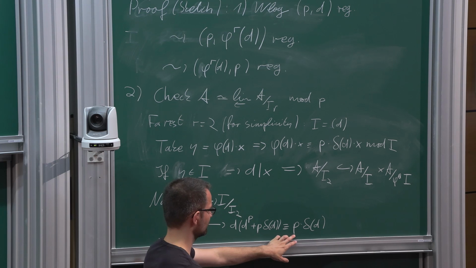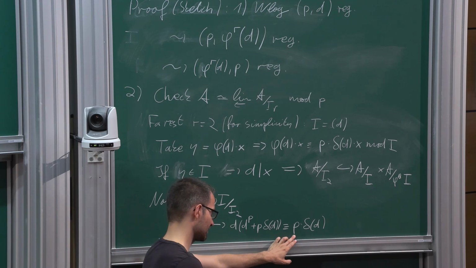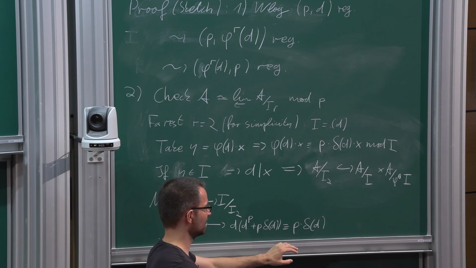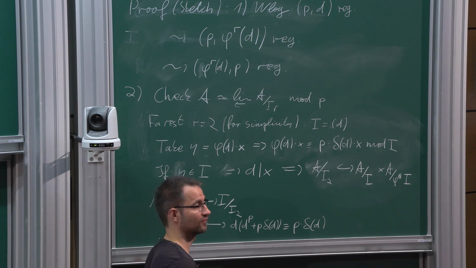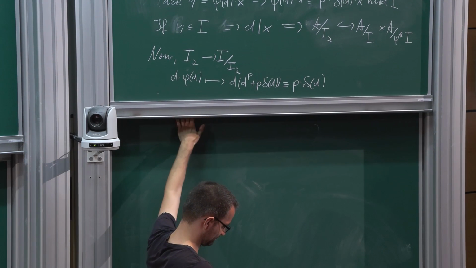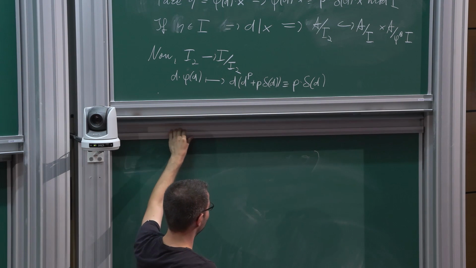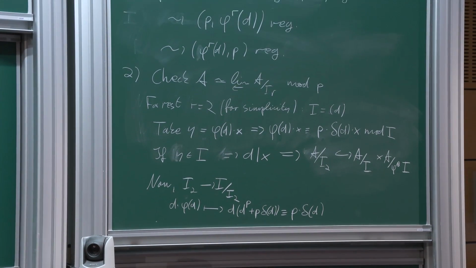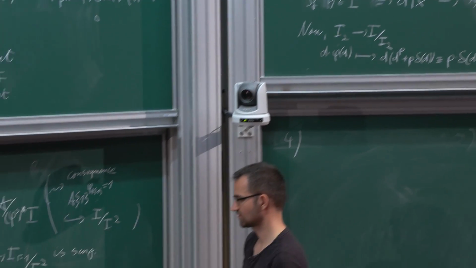And so here you again see why this divisibility by p appears. And you also see that after dividing it by p, that morphism actually is surjective, because delta of d is a unit. And then the general case follows by some induction.